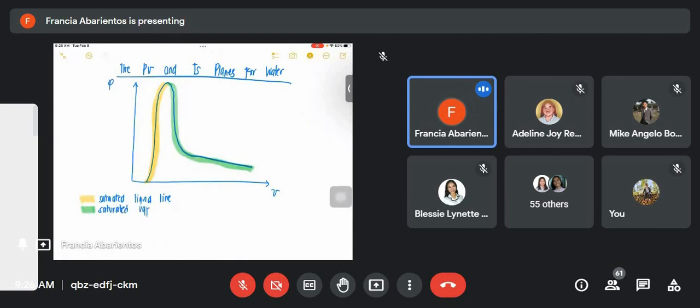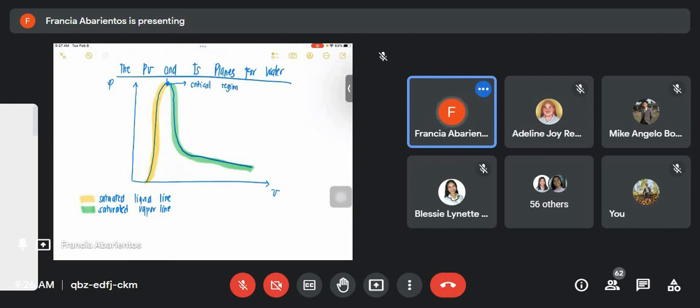Vapor line. So this is a PV diagram. So this is at the top. This is in a point, tawag dyan is the supercritical. So dito sa taas, supercritical. Pero ito yung tinatawag natin critical region.